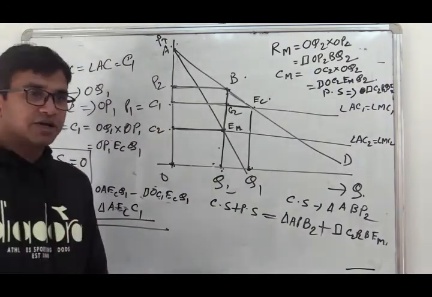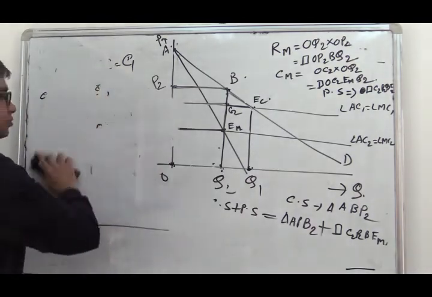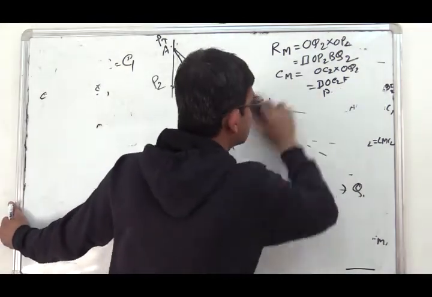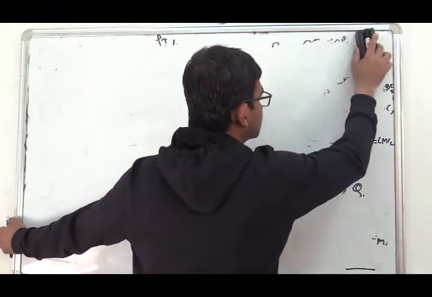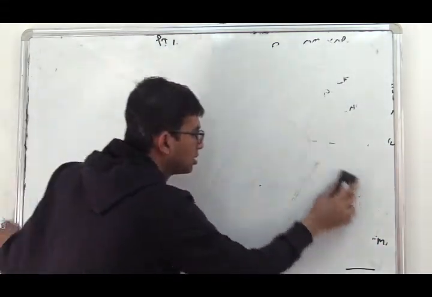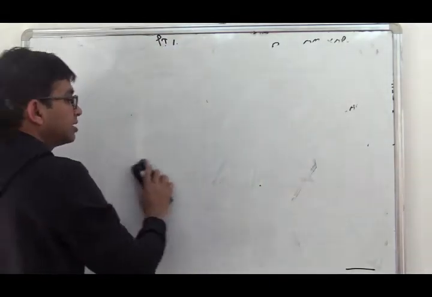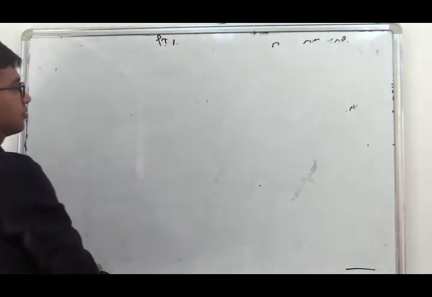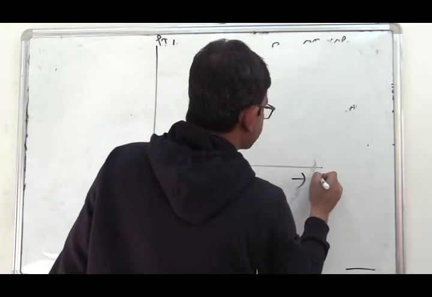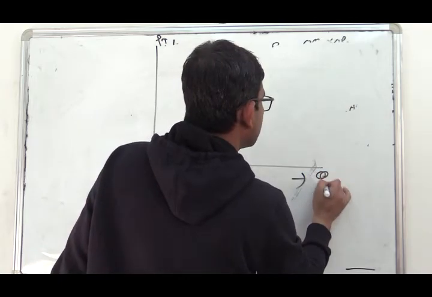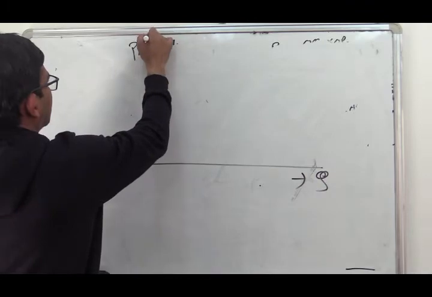Second thing, if we consider the case of natural monopoly, we can show it with the help of a diagram. This is output, this is price, revenue and cost.